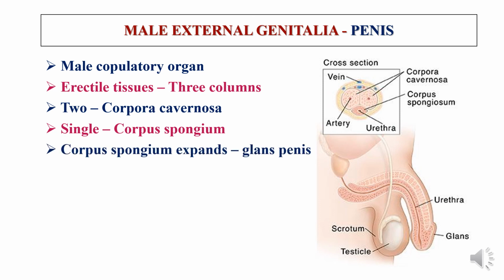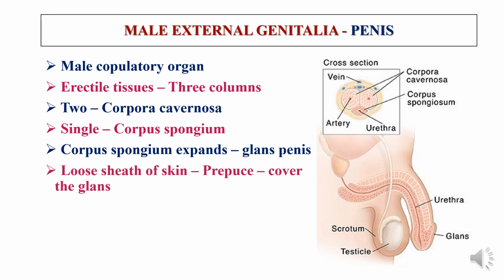The corpus spongiosum expands at the tip of the penis to form the spongy glans penis, which contains numerous sensory receptors and the external urethral orifice. A loose sheath of skin called the prepuce covers the glans penis.